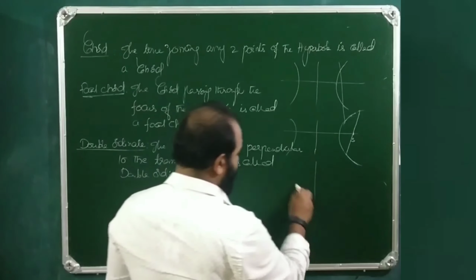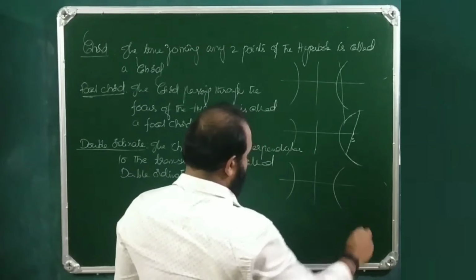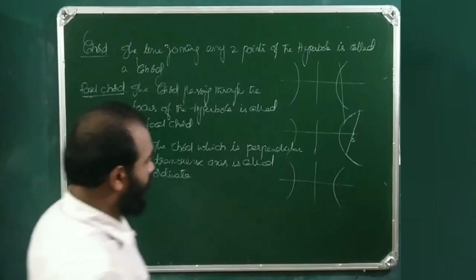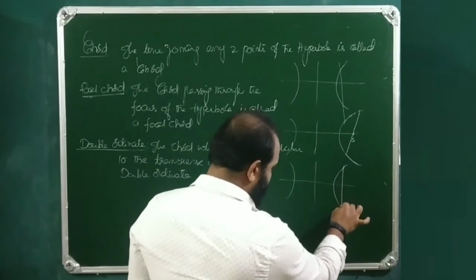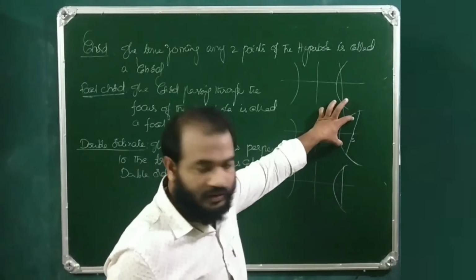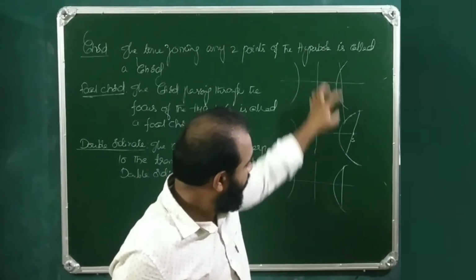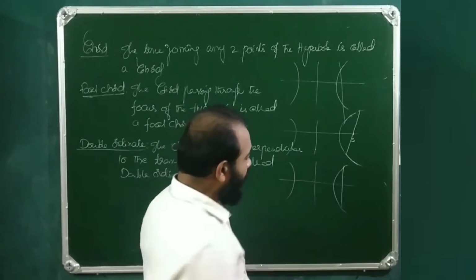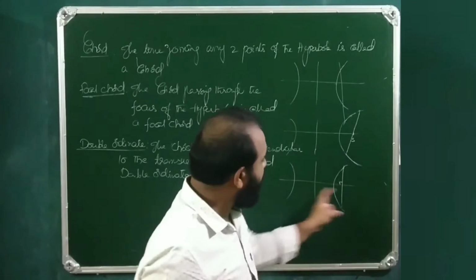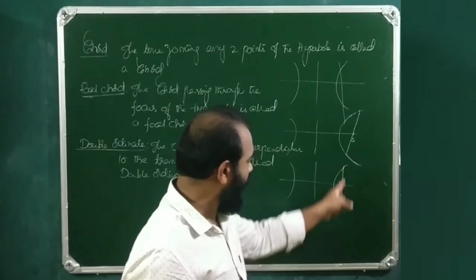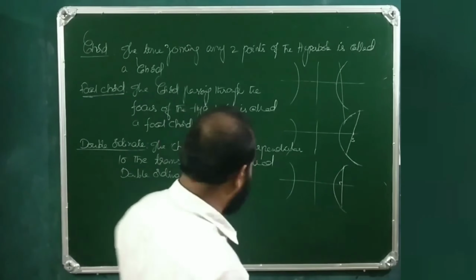So, for this hyperbola, this chord, unlike the earlier chord, is perpendicular to the principal axis, which is the transverse axis. Therefore, this chord is called the double ordinate.